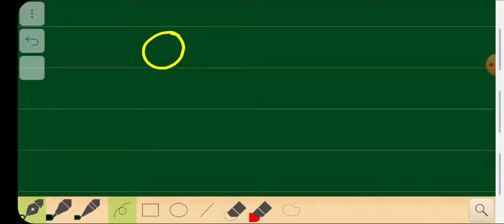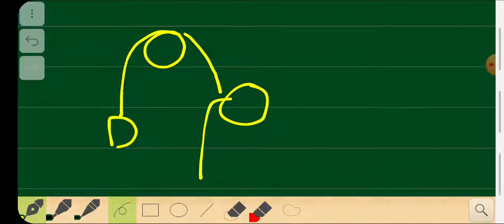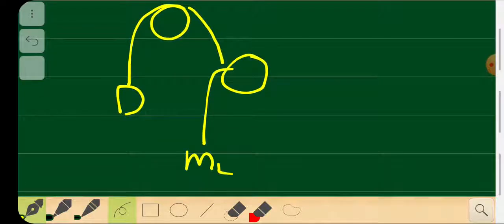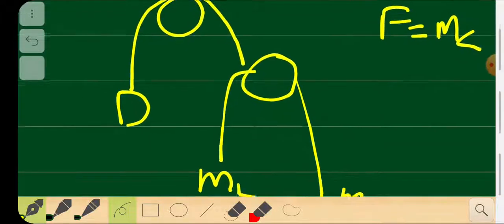So you have the two pulleys here, and there is m1, m2, and then m3. So three masses. Now what you need to do is use Newton's laws, F equals ma. You can clearly see that there will be tension in this string.